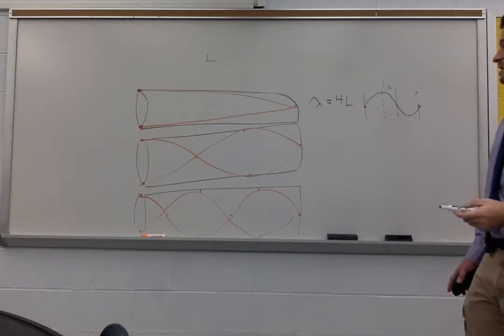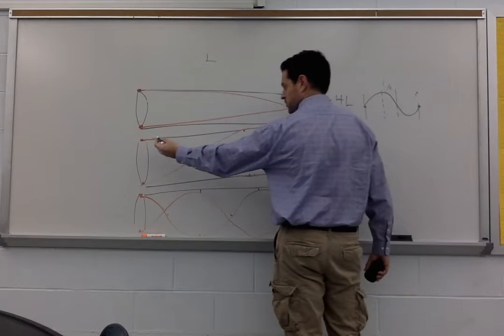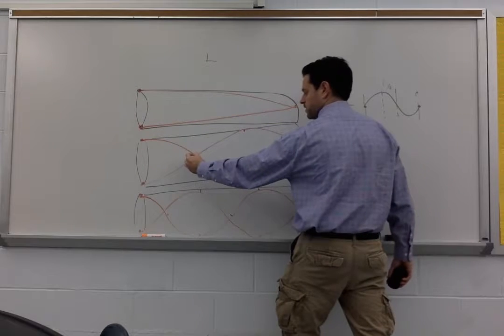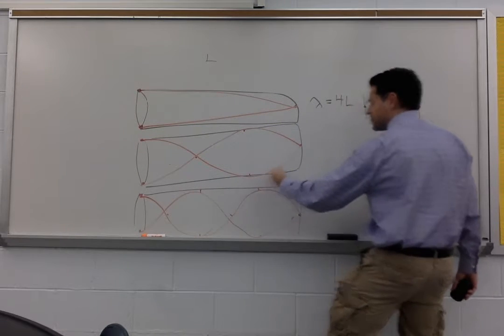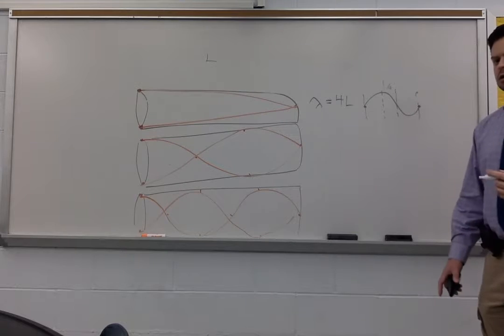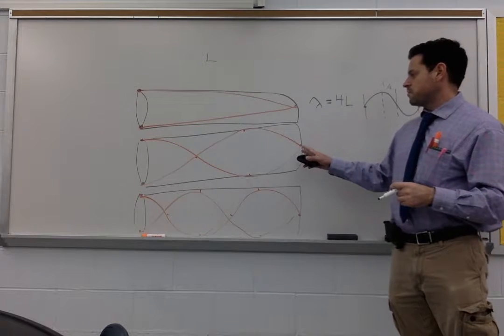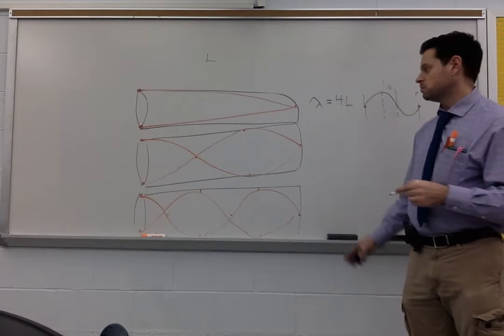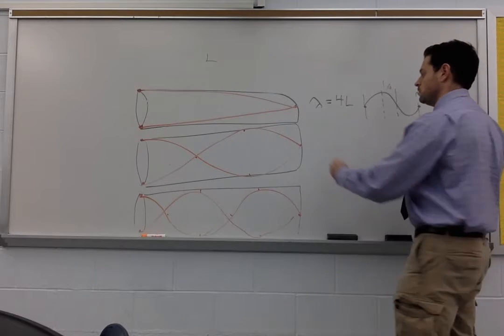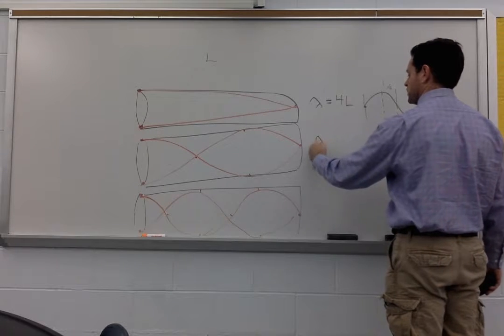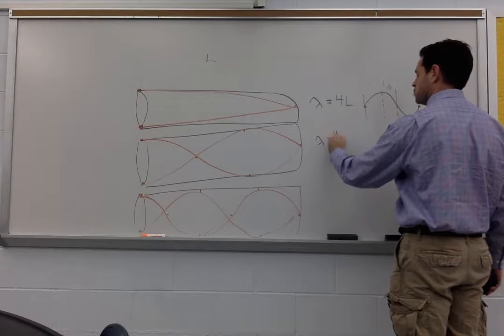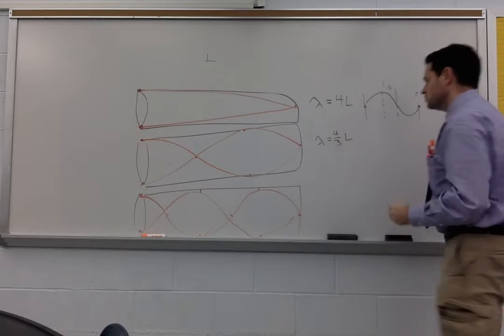We can go through the same kind of analysis for this second wave here. That's 1/4 of a wave, 1/4 of a wave, 1/4 of a wave. To determine that 3/4 of a wave are in this tube, that means that this wavelength is 4/3 the length of this tube.